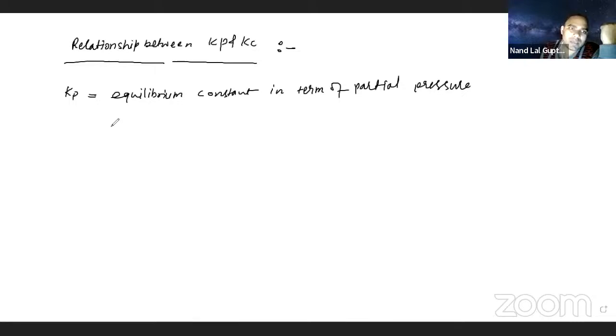Now, suppose we have a moles of A and b moles of B, reversibly giving c moles of C and d moles of D. So how can we write Kp?